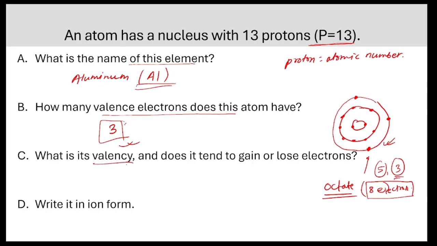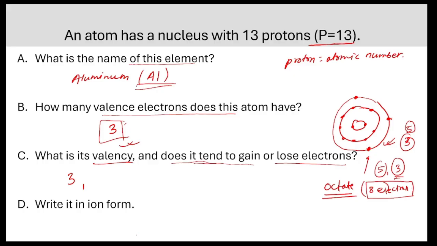That means valency is 3. Does it tend to gain or lose electrons? In order to gain electrons, it has to gain 5. In order to lose, it has to lose only 3. So we can say it will lose electrons, and if it loses electrons, that means the number of protons will be higher compared to electrons.